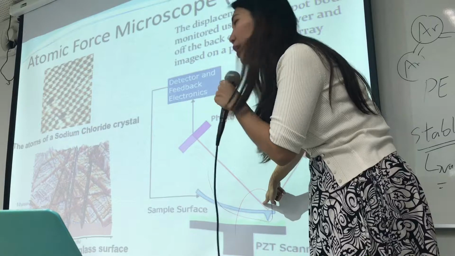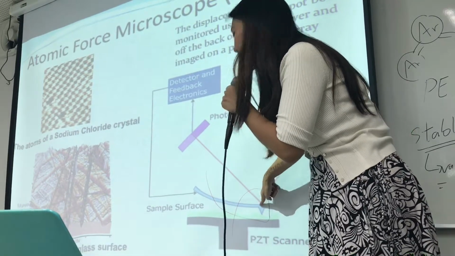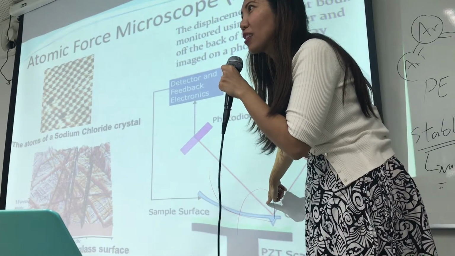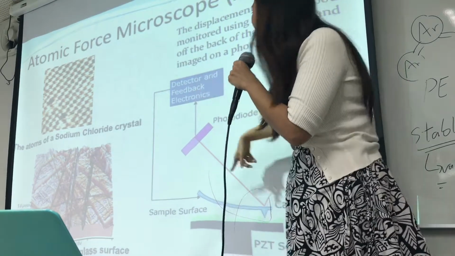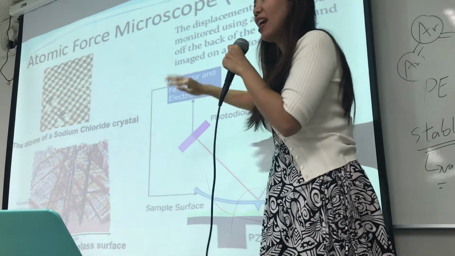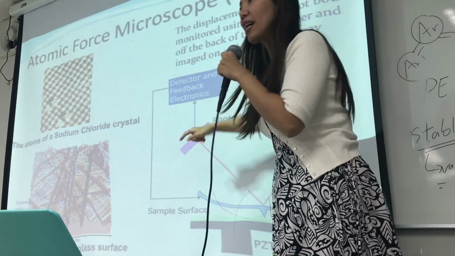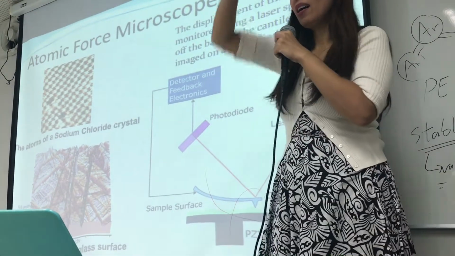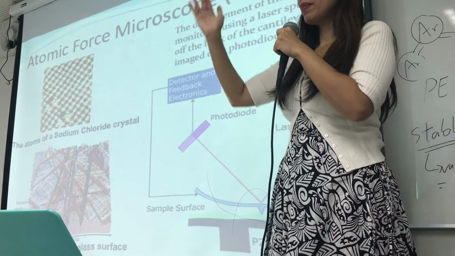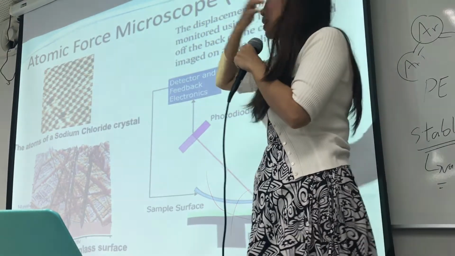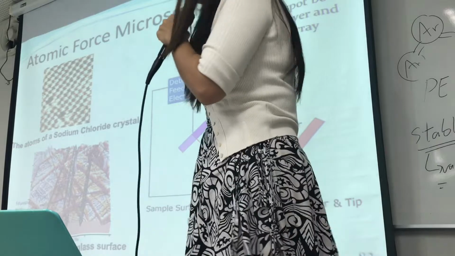And when the tip bumps up, the angle of the laser will change. The detector can interpret the change in the angle of the laser as the roughness of the surface.